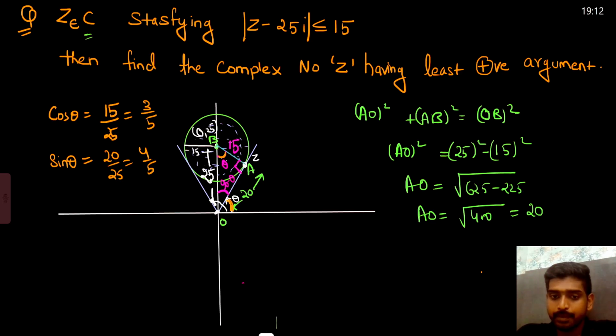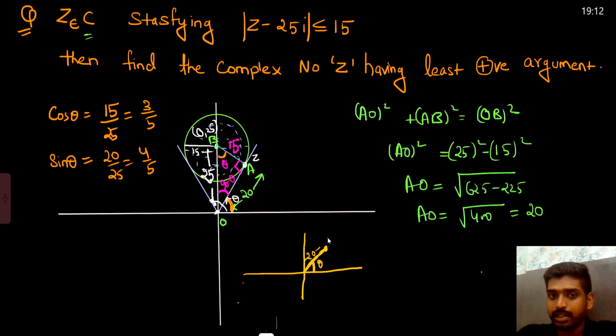Now what did we get? We got the length of this line segment, and we got this angle theta, with cos theta and sin theta values. This angle is theta, the length is 20, and we want this point's coordinates.